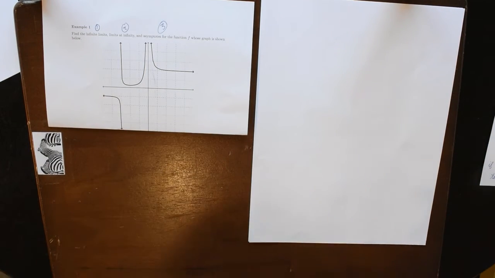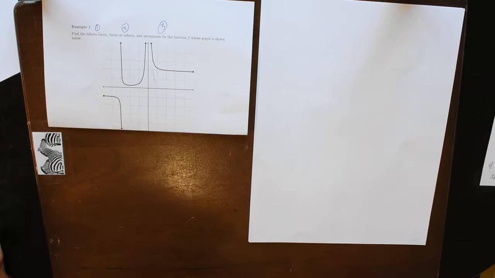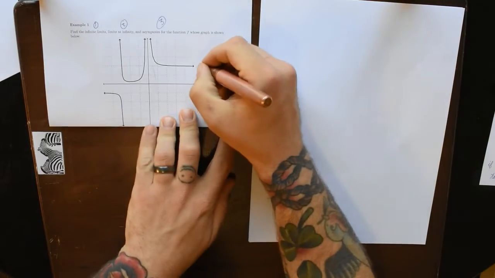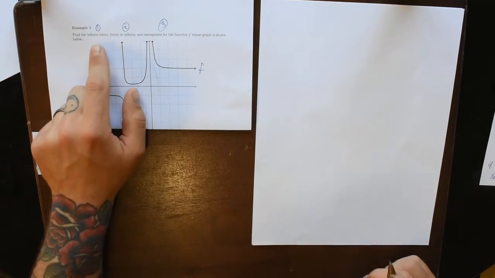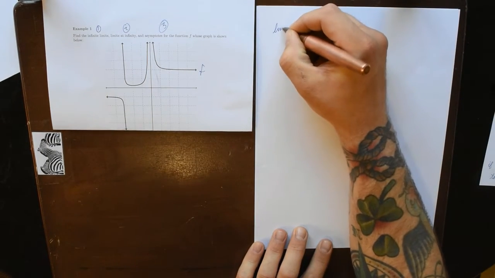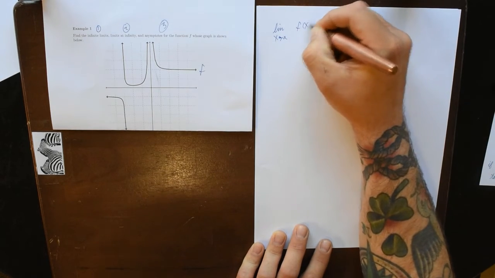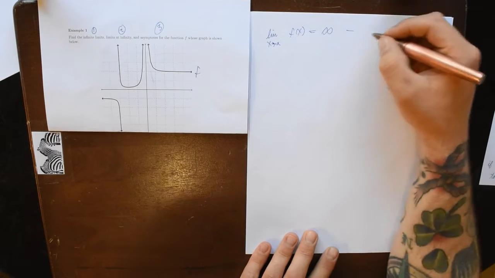Cool. So let's do our first example. We want to find the infinite limits, the limits at infinity, and the asymptotes for this function f, which I forgot to label as f. So remember, an infinite limit is when we take the limit as x approaches some number of some function of x and it equals infinity.